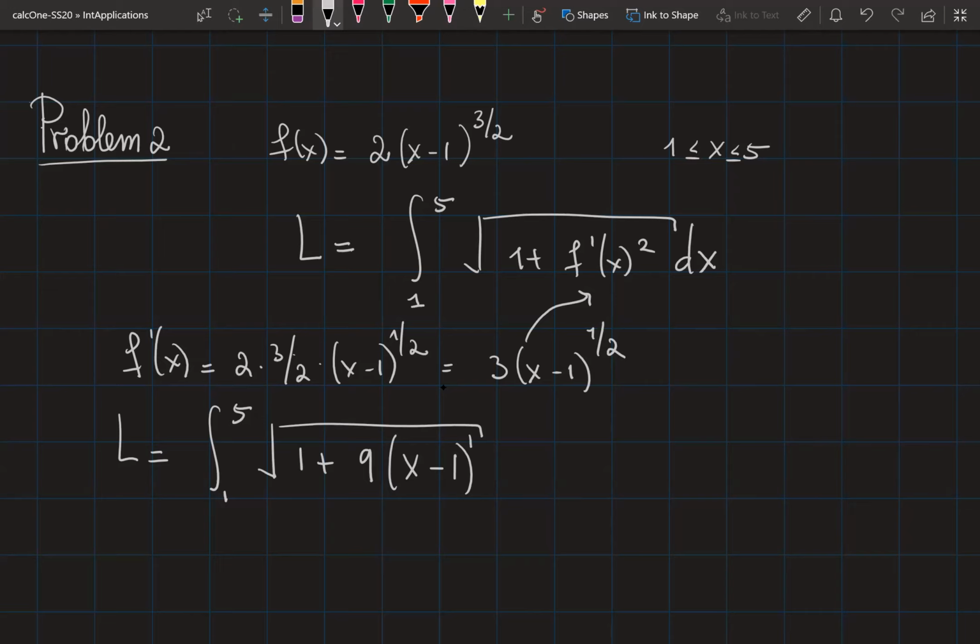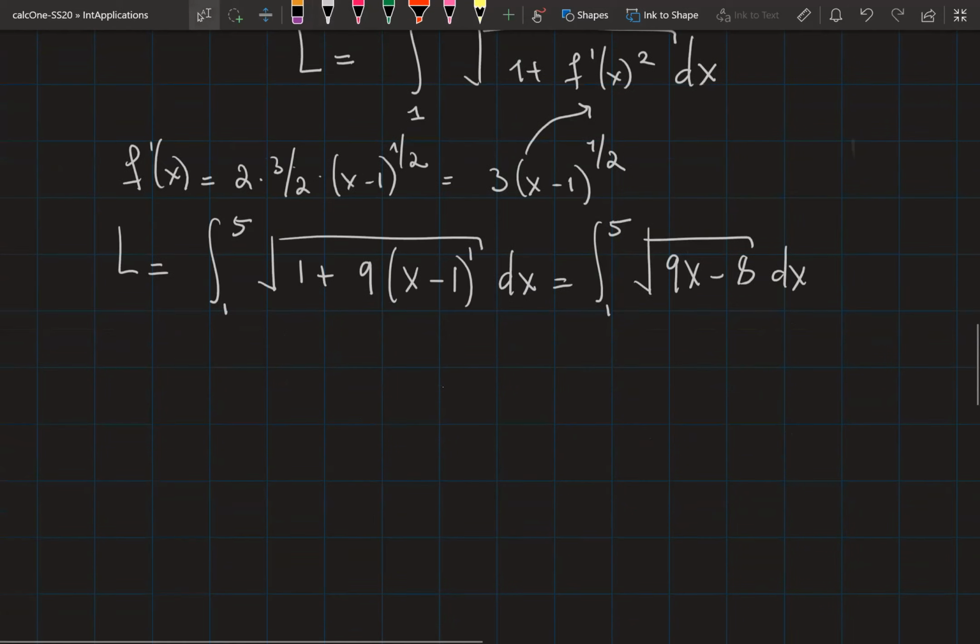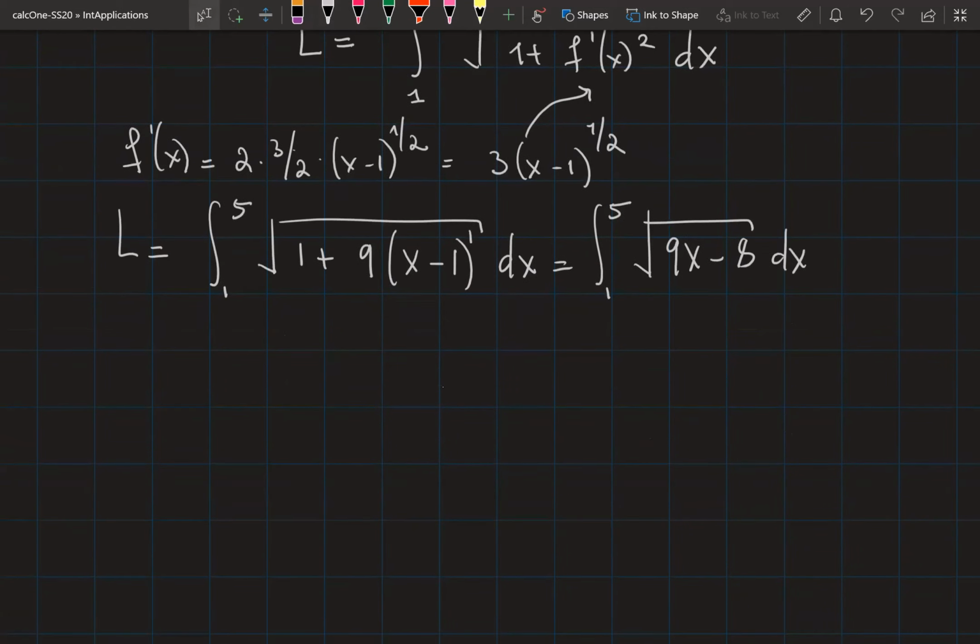If you open the brackets, what you get here is the integration from 1 to 5 of the square root of 9x. Minus 9 plus 1 is going to be minus 8. And we have to integrate this with respect to x. If you want, you can just introduce a new variable, for example u.